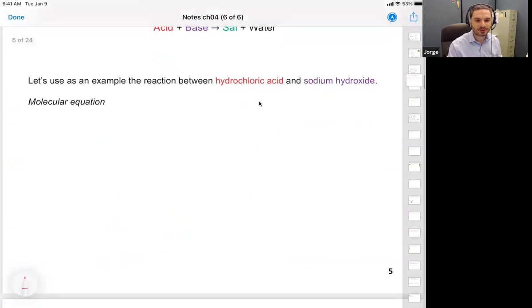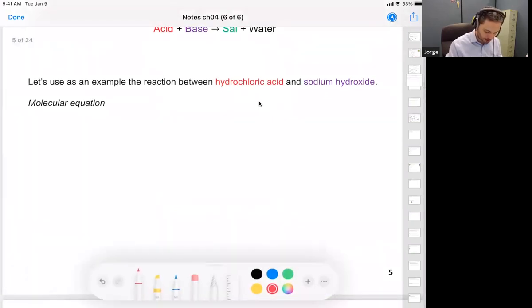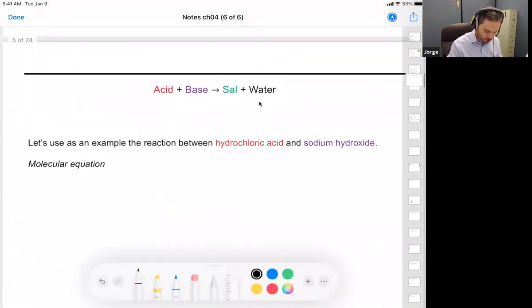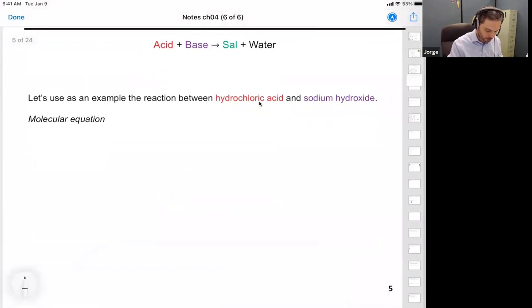So let's first start again with the molecular equation. Remember, in the molecular equation, we are not going to consider any sort of ions. So we are going to write the compounds in the molecular form.